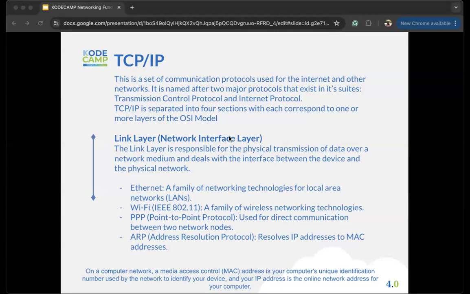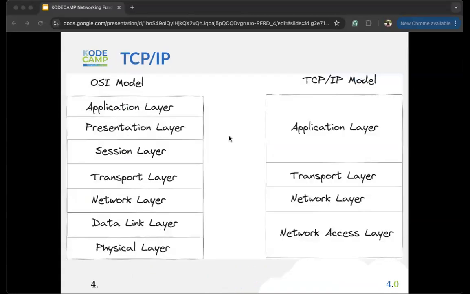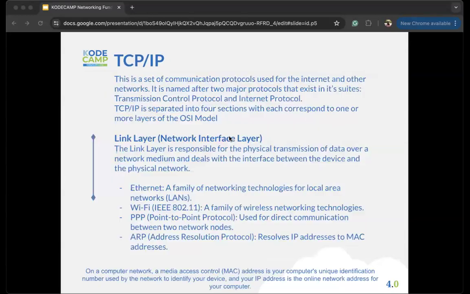So this TCP/IP is used by these networks, and it has 2 major protocols, which include the Transmission Control Protocol, which primarily performs at the transport layer, and the Internet Protocol as well. That TCP/IP separation creates 4 layers that correspond to the major layers of the OSI model, as we saw in this diagram.